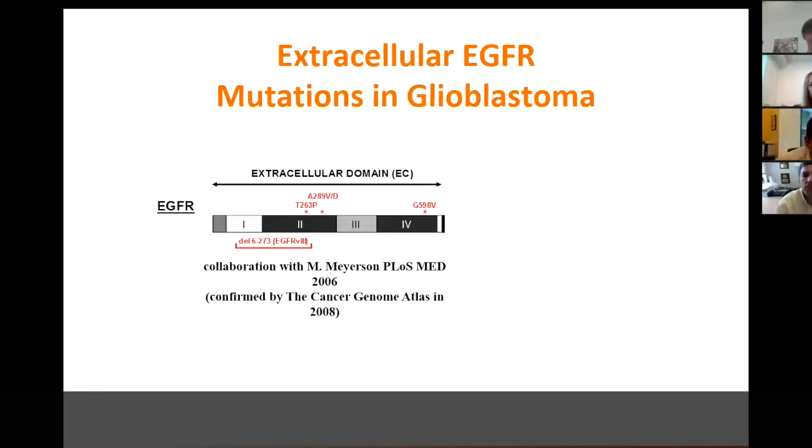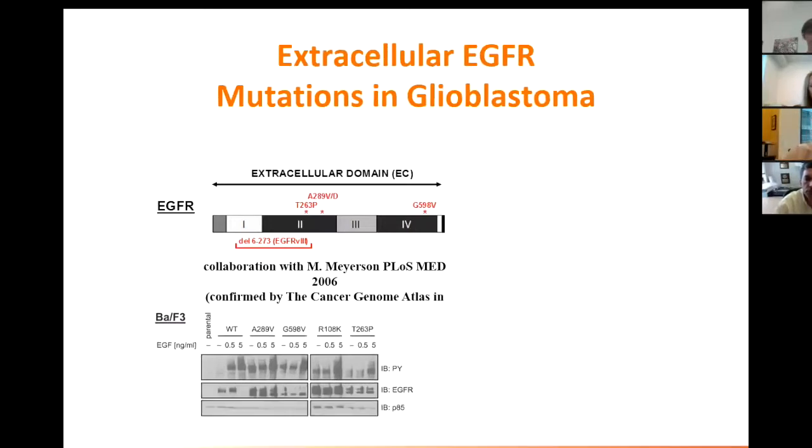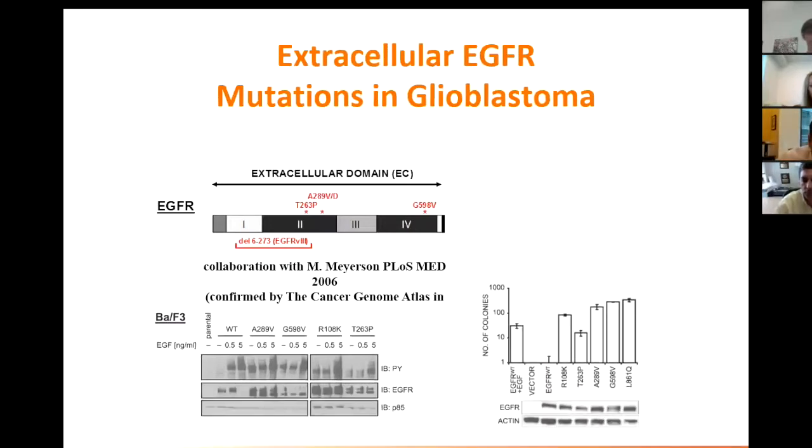So these are the EGF receptor, the location of these mutations, just to remind you that in glioblastoma, the mutations are in the extracellular domain, and you can see in the Western blot below that these are activating mutations. You see basal phosphorylation in the absence of ligand, and they all are able to promote growth of cells in the absence of growth factor in soft agar.